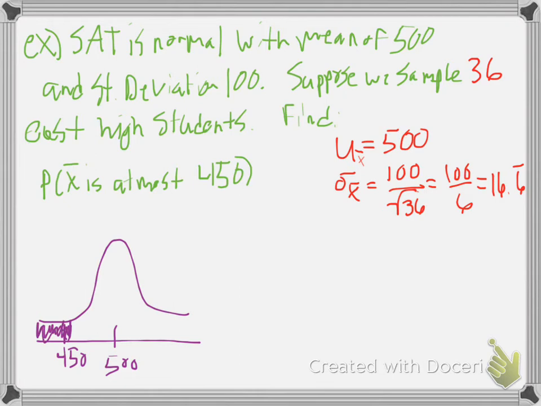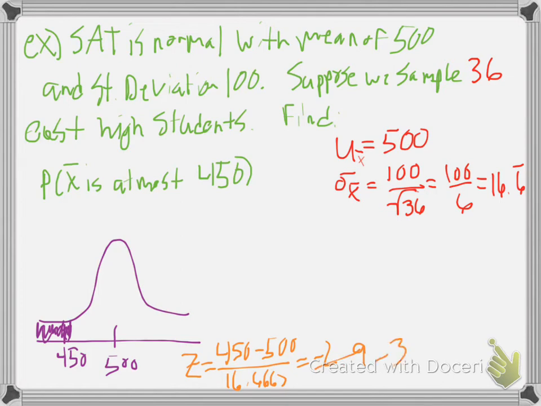Okay, so what do we do? Z-score. The z-score for that observation is 450 minus 500 over the new standard deviation, 16.6667. Plug that in, and we get negative 2.9. Oh, this is going to round up to 3. Sorry, negative 3.